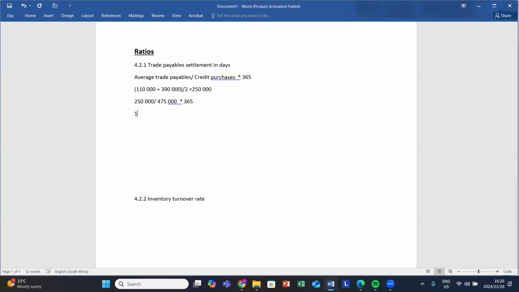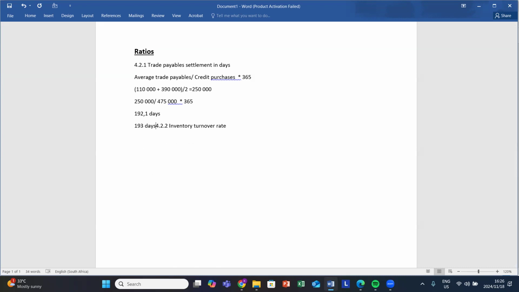You'll get an amount of 192.1 days. But when you're dealing with these things, you cannot have a comma 1 day. It's highly impossible. So we'll round it off to 193 days. So the answer will be 193 days for our trade payables settlement in days.